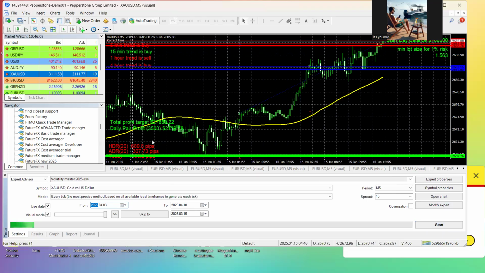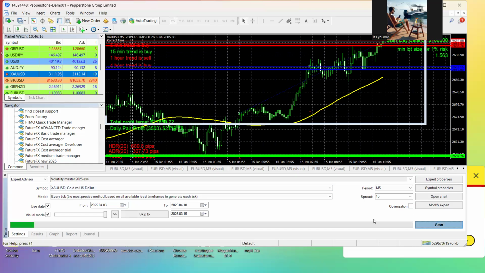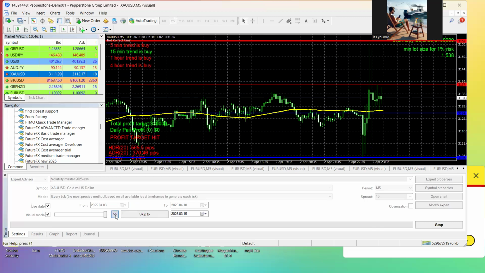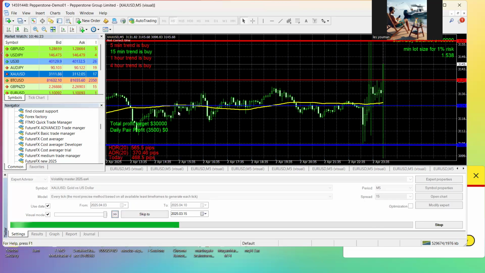And remembering the average daily range was previously 300 to 400 points. Ever since Trump announced the tariffs, it's still 370 because this is the day he announced the tariffs.